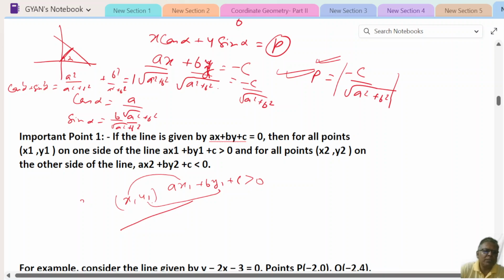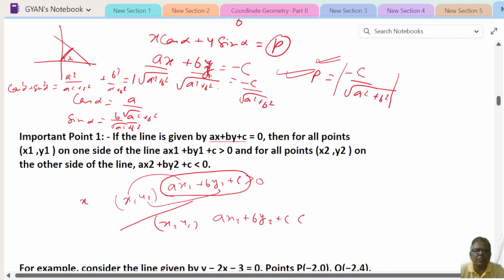So any point on this side will always give you a value greater than 0. And similarly, if x2, y2 is on this side, it gives you ax2 plus by2 plus c less than 0. So any point on this side will give you less than 0.